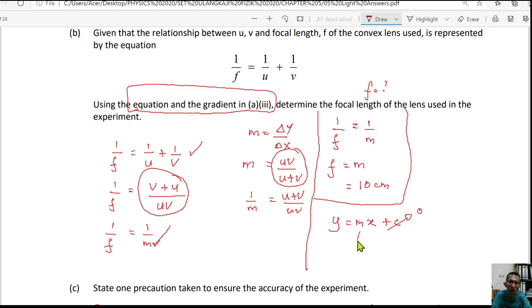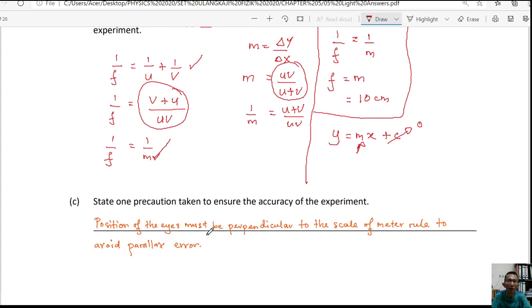And you will also see that this m is actually your focal length, 10 centimeter. You can try this one. You have to rearrange this such that you will have uv as your y-axis and v plus u as your x-axis. So that one you can try by yourself.